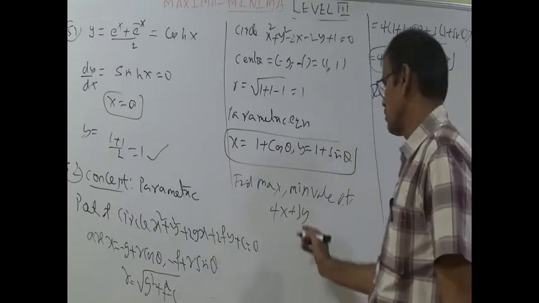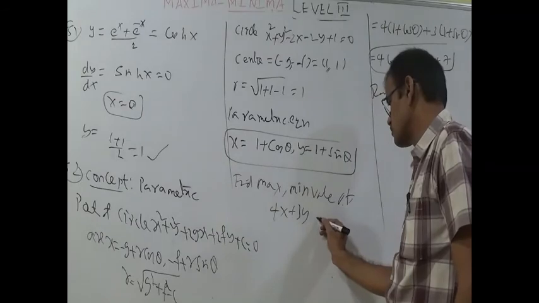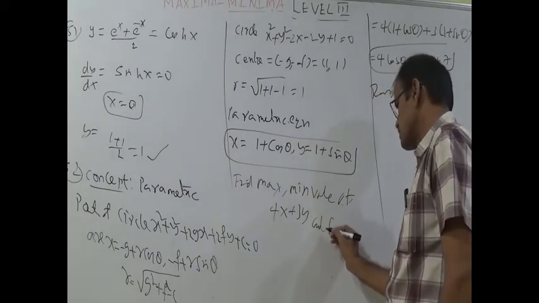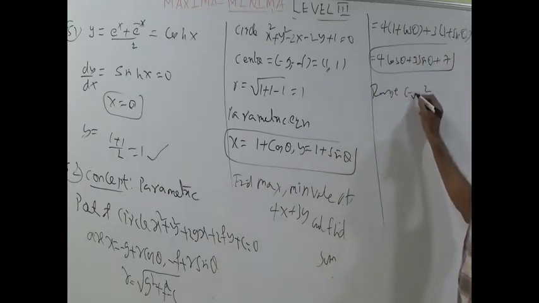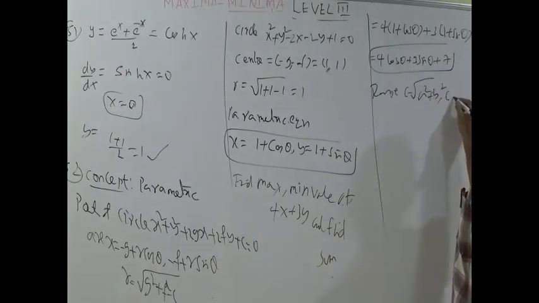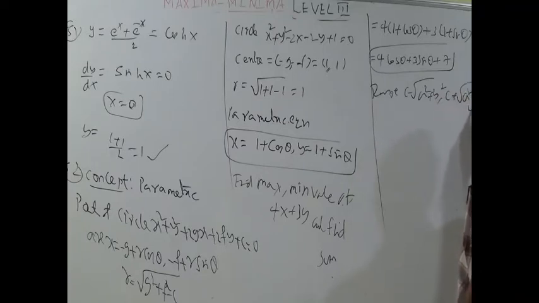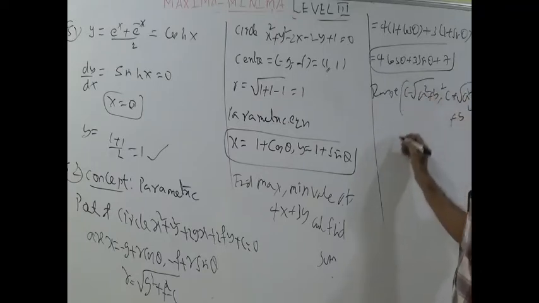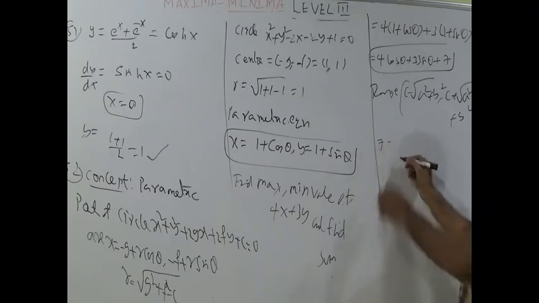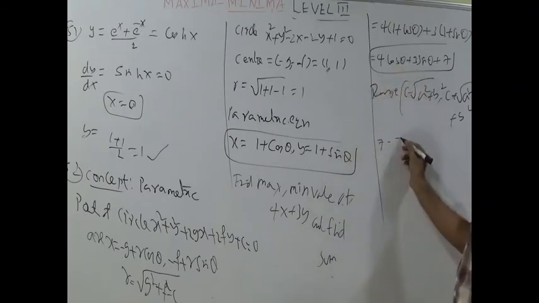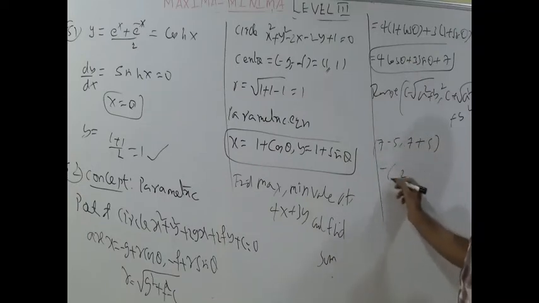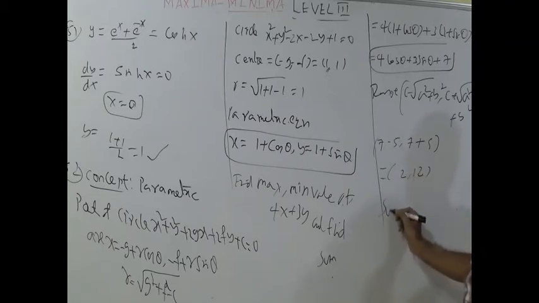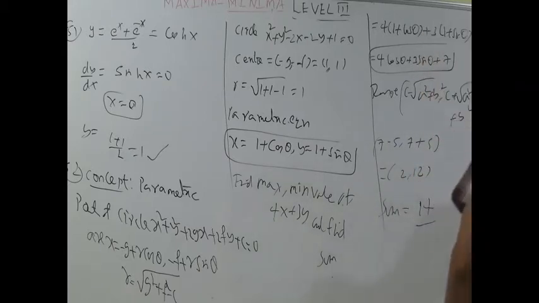Find the max and min value of this and find the sum. Here c means 7, minus root of 4 square plus 3 square, which is 5. 7 minus 5 comma 7 plus 5. You can write here 2 comma 12. Sum of minimum and maximum value: 2 plus 12 is equal to 14.